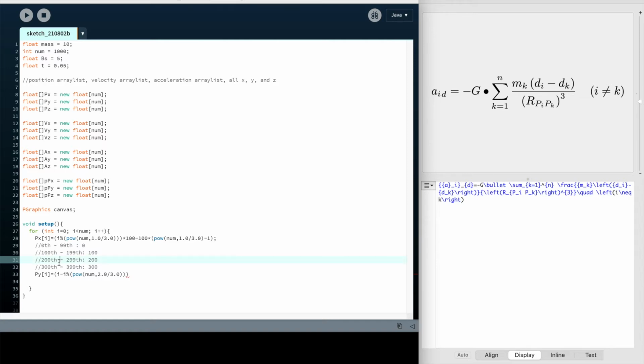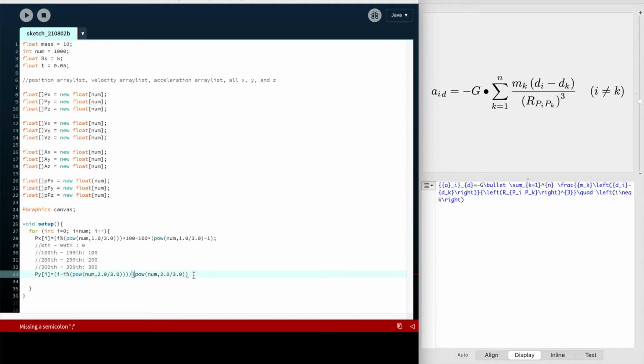And then, because that's 200, I can't just use that value right away because I'm using a specific example of 1000. What I'm going to have to do is divide all of that by 100, the universal meaning of 100, which is power of num, comma 2.0 divided by 3.0.